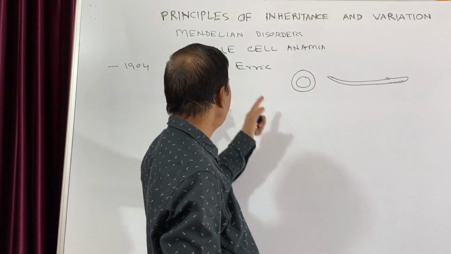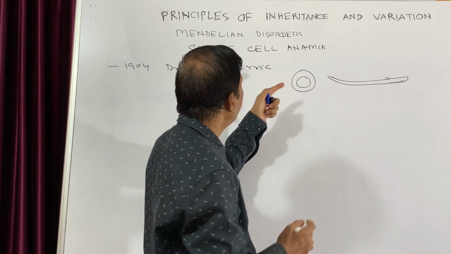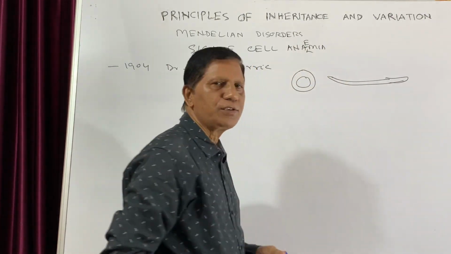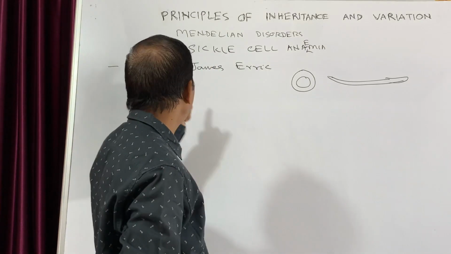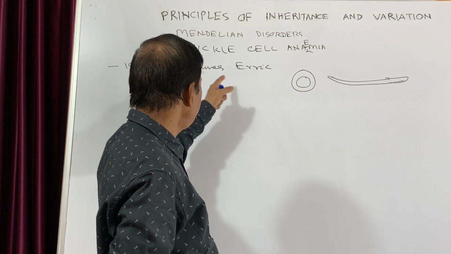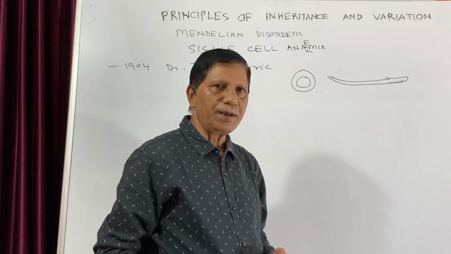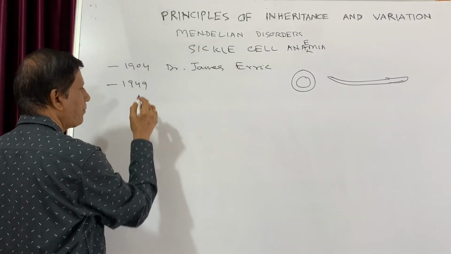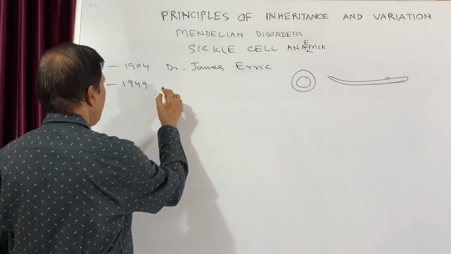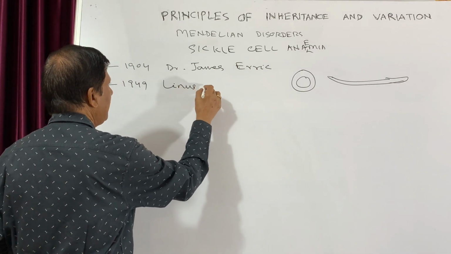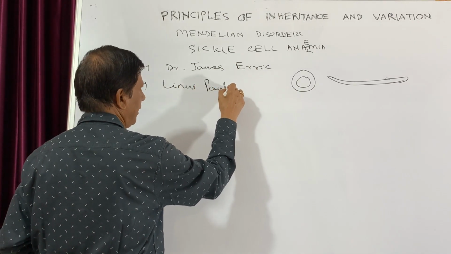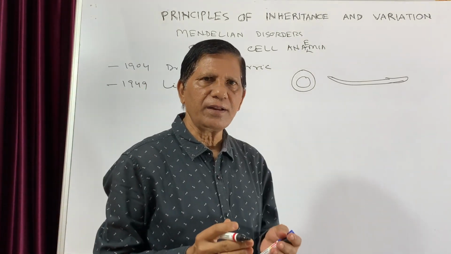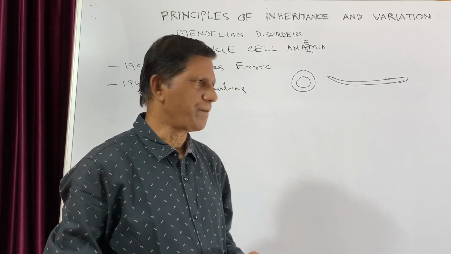So in this way, sickle cell anemia was discovered by Dr. James Herrick. Then in 1949, another scientist, Linus Pauling, was studying the structure of hemoglobin.